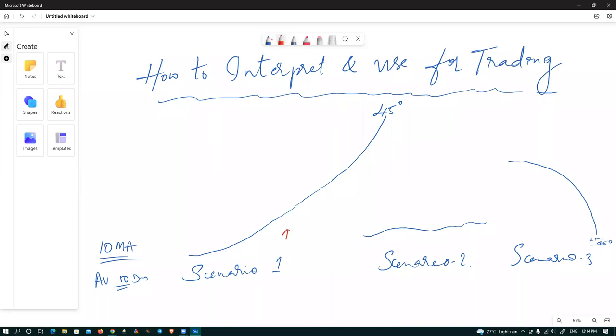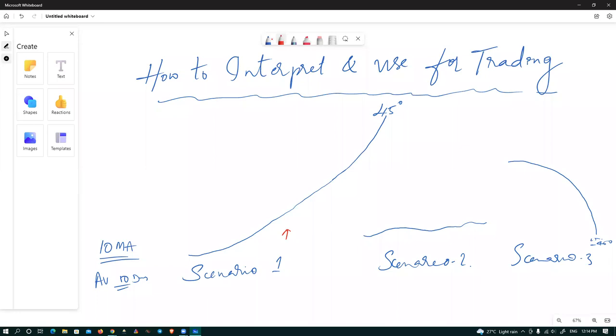If you see the moving averages are inclining upwards towards 45 degree, what is the meaning of this? Tell me. Looks like uptrend. So this looks like an uptrend and it is a buy indicator.